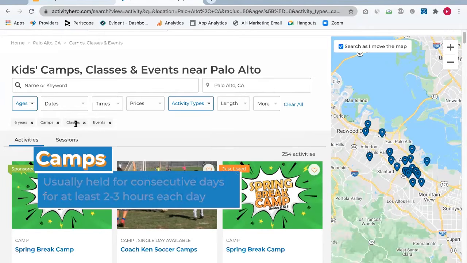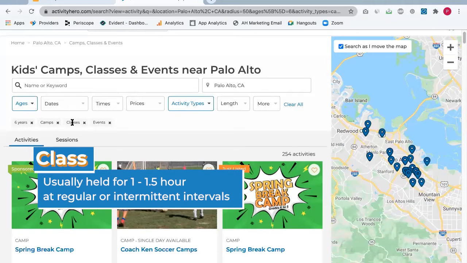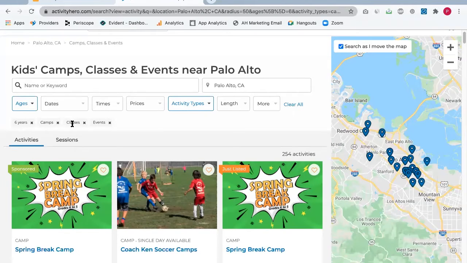Whereas a class is usually 1 hour, maybe even a half hour or hour and a half, and sometimes it might be weekly. So classes are just a different format. A lot of times you're going to be learning something similar, but the structure of the activity is different.